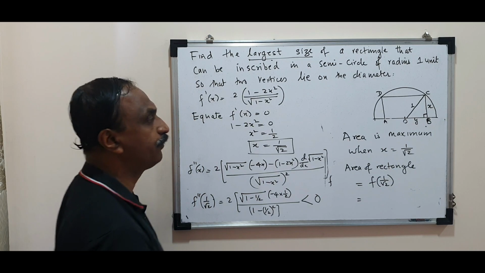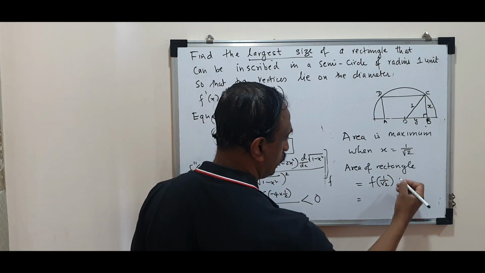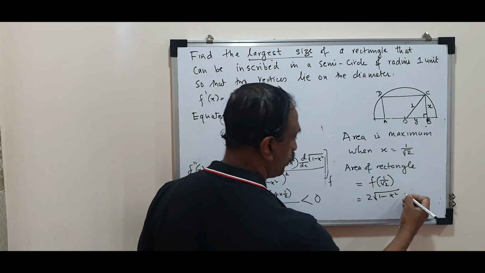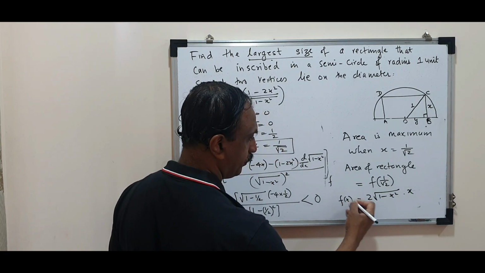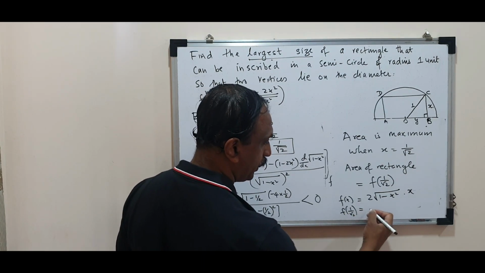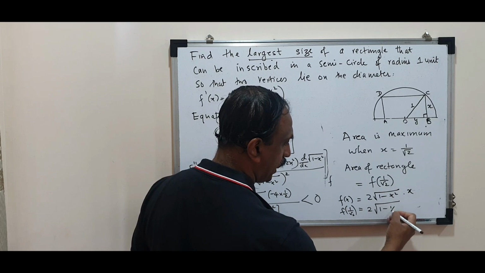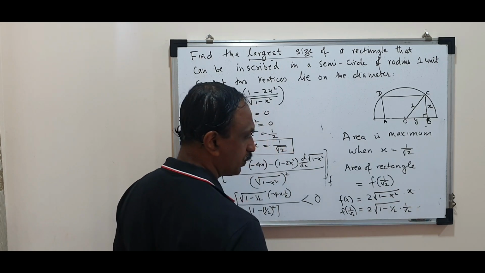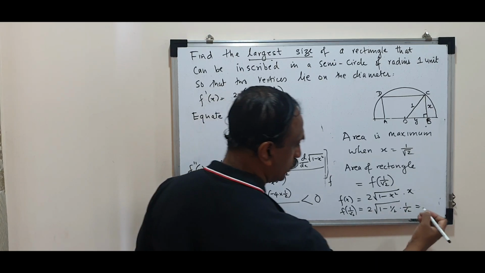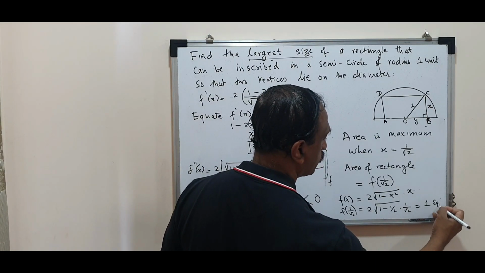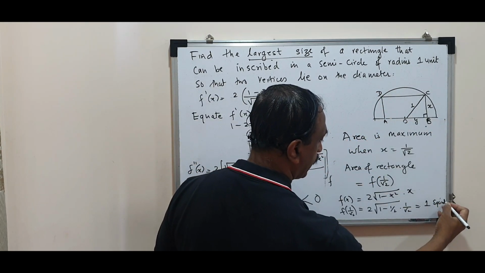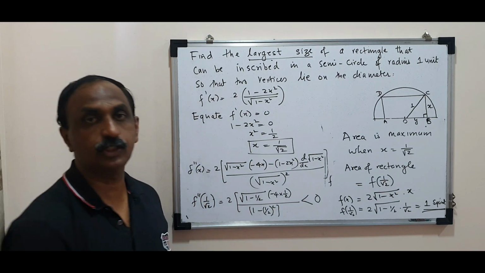Now what was our f of x? 2 root 1 minus x square into x was our area. So I'm going to replace that here. f of 1 by root 2 is 2 into root of 1 minus half into 1 by root 2. So that became half, this became half, again root, so 1 by 2, so 1 square unit. What was the size? 1 unit. So area of the rectangle also will be 1 square unit.